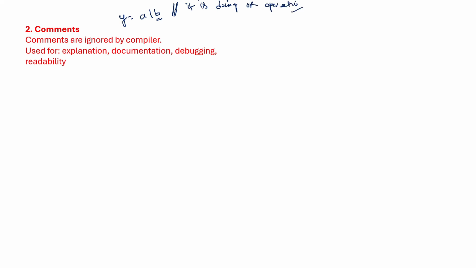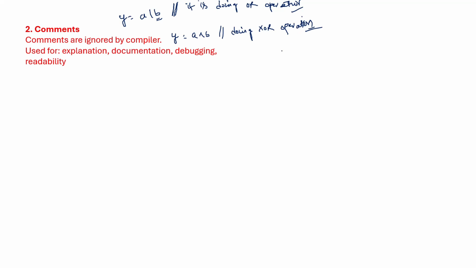Based on that, I know what it is doing. Similarly, y equal to a xor b, I just comment at the end of this code that it is doing an xor operation. Comment lines are not taken during compilation, it will ignore them.